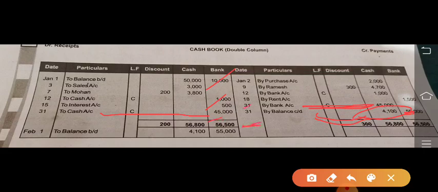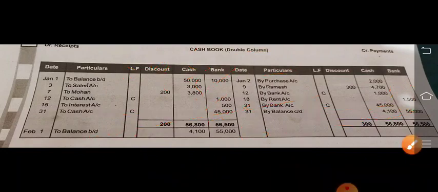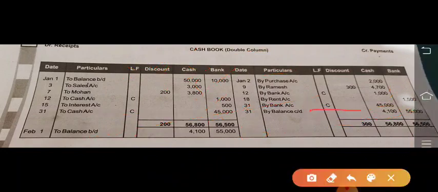So debit balance is 56,500, whereas credit balance you can see here only 1,500. So 56,500 minus 1,500 comes to 55,000. And this is the closing balance of bank account. So here we go, by balance carried down in the bank column 55,000.